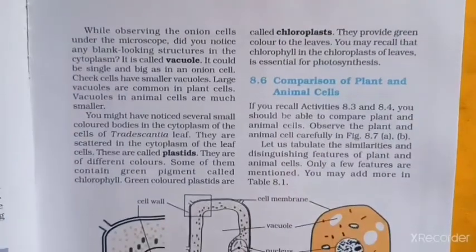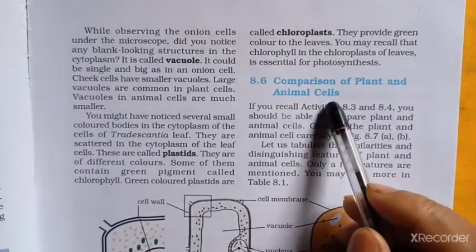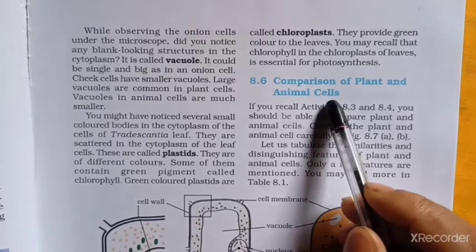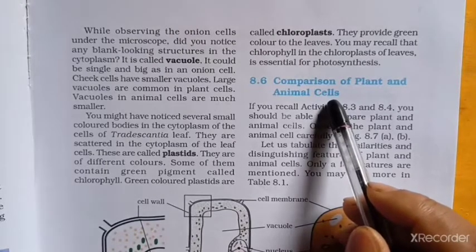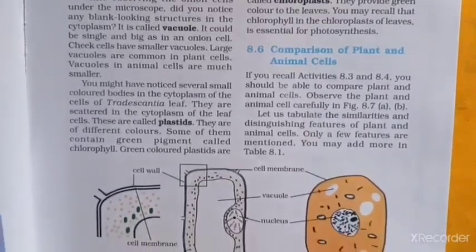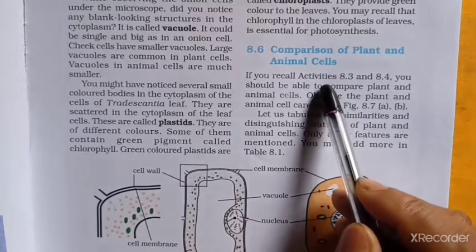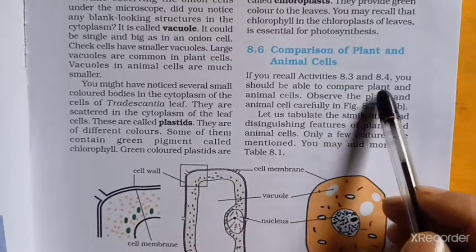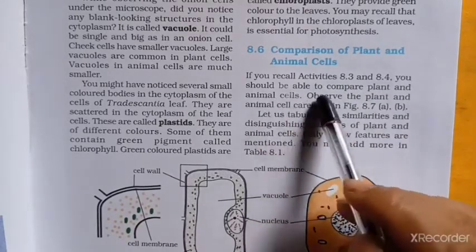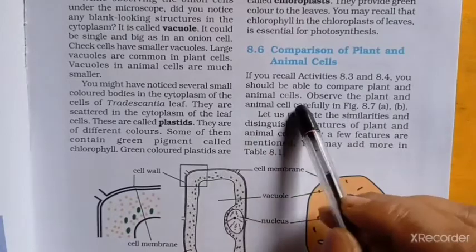Now, the comparison of plant and animal cells, the difference between plant and animal cells. Let's see. If you recall activities 8.3 and 8.4, you should be able to compare plant and animal cells.